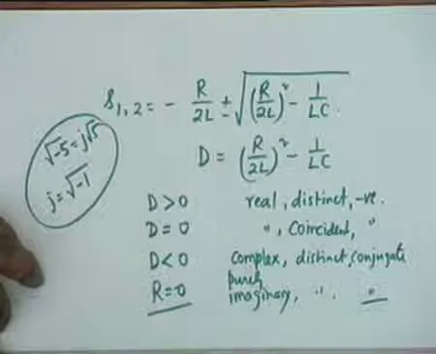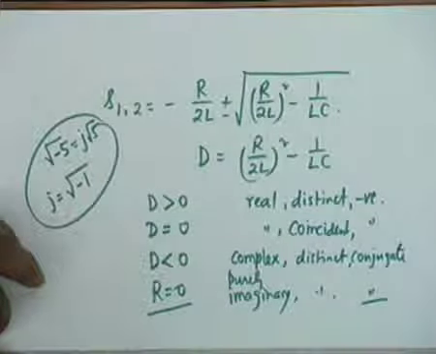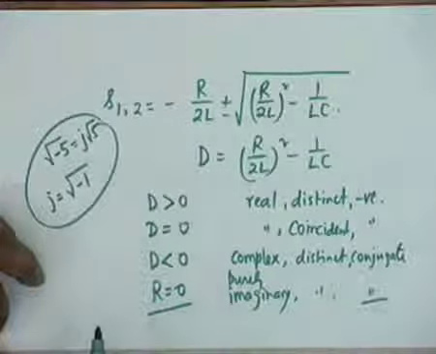So when D is 0, we will have a different solution for the differential equation, because we'll have to have two independent solutions. And when D is 0, s1 will be equal to s2. In the case of repeated roots, as you know in the differential equation, we have to have (A1 plus A2t) multiplied by the exponential.